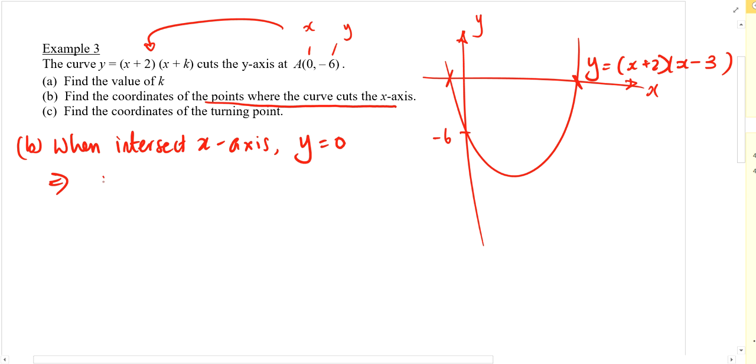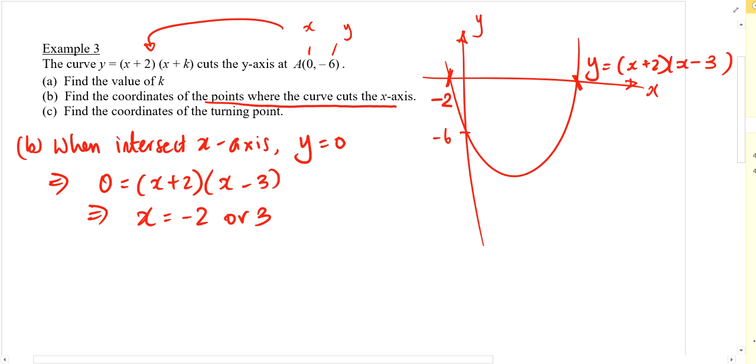So now we have 0 equals (x + 2)(x - 3), resulting in x equals -2 or 3. So this intersection over here has an x coordinate of -2. And this must have the intersection with the x coordinate as 3.